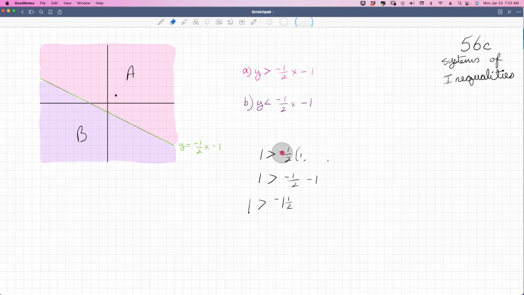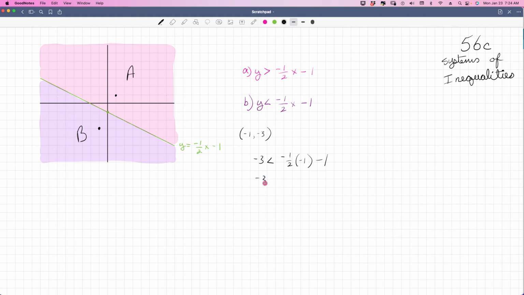So we could prove that this statement was true by substituting in there. And then we would turn around and prove the other was true. For instance, let's pick the point negative 1, negative 3, and prove that B is true with it. So negative 3 is less than negative 1/2 times negative 1 minus 1.